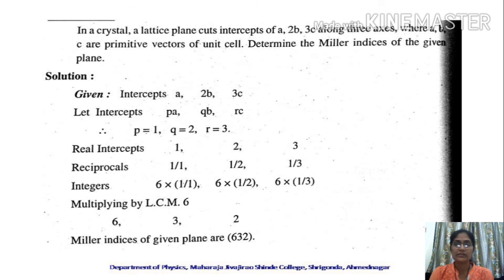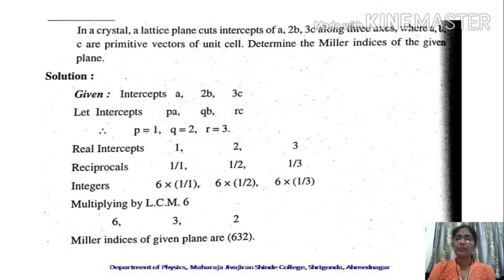The next step is you have to convert this intercept in numerical parameters. It means that you have to divide a by a, then twice b by b and thrice c by c, that is by lattice parameters. Then it will give us numerical parameters as 1, 2 and 3.